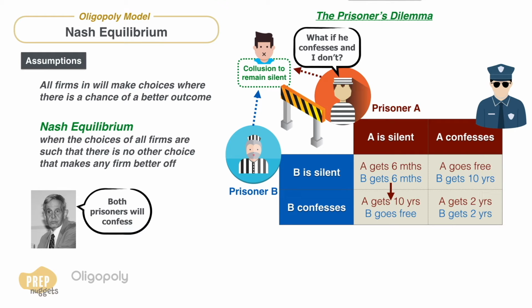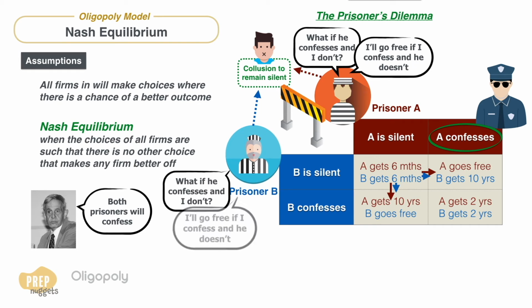Also, if he confesses and it turns out that B remains silent, he gets to go free instead of serving 6 months. As such, prisoner A is likely to confess. Likewise, prisoner B will think the same way as A and choose to confess. So both are likely to confess.